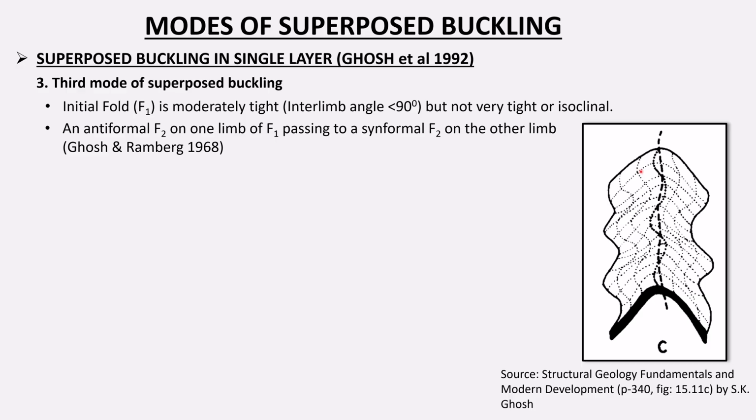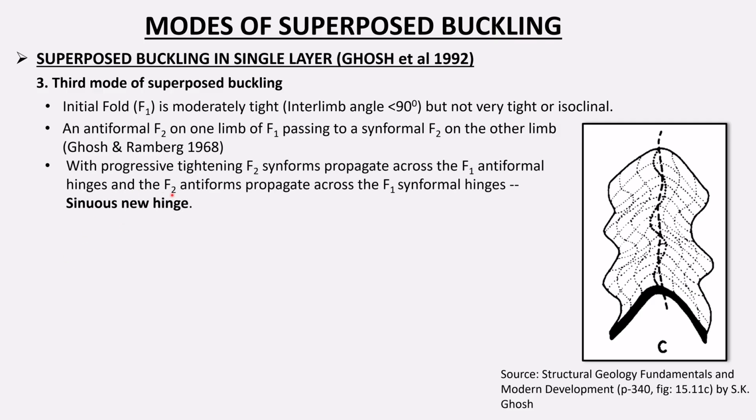Here a synform can be seen. The synform of the F2 fold is in one limb, and in the other limb we get the antiform of the second generation fold. So we get the synform and antiform in different limbs of the first generation fold.